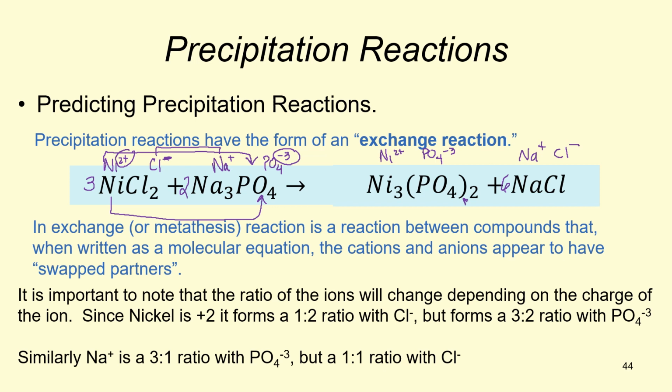So regardless of how the nickel and the chloride went together or the sodium and the phosphate, the nickel phosphate will have its own formula and the sodium chloride will have its own formula. So be really careful, though. The mistake I see most often is people dragging the coefficients along with it. They don't come along for the ride. You have to rearrange everything.